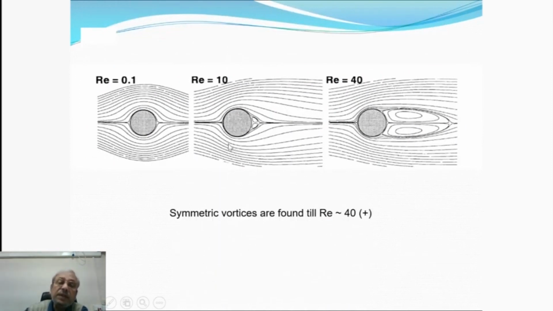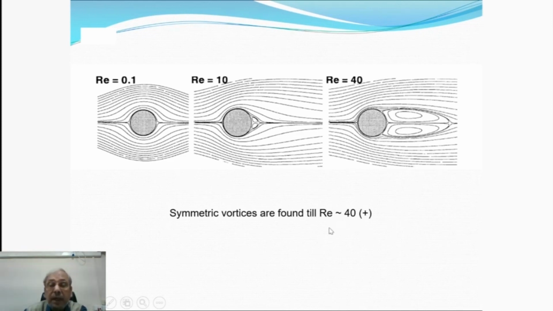Now coming back to our discussion, if we keep increasing the Reynolds number, we can see these symmetric vortices grow. And exactly this is the scenario at a Reynolds number around 40.